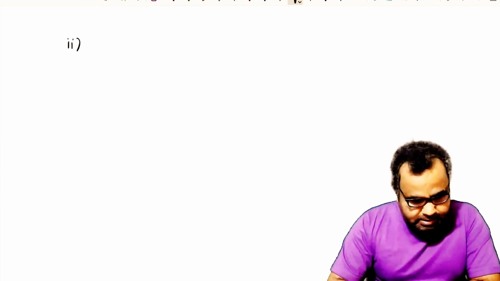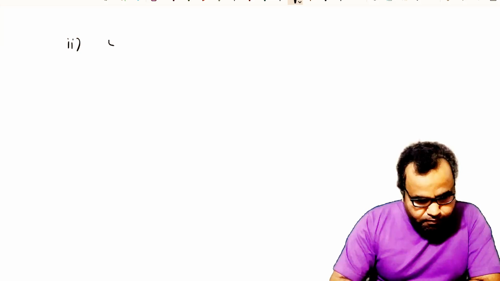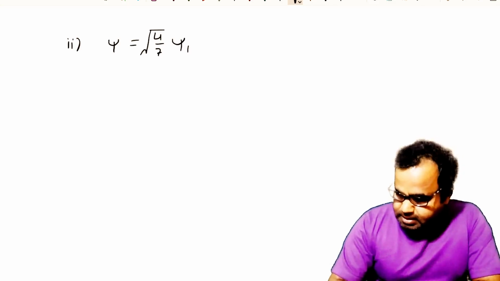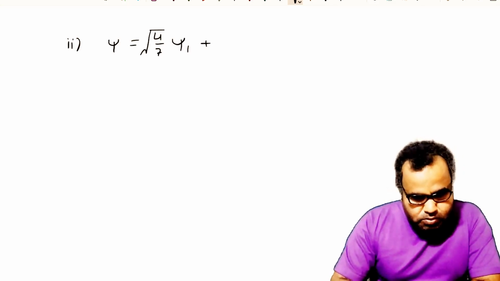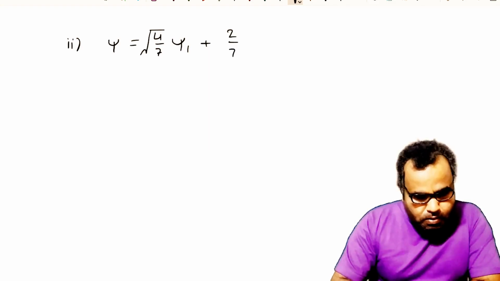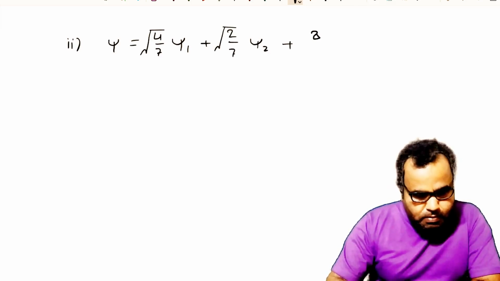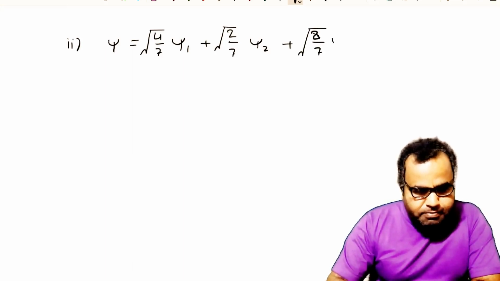The second state that I am taking here is psi equal to root 4 over 7 psi 1 plus root 2 over 7 psi 2 plus 8 over 7 psi 3.